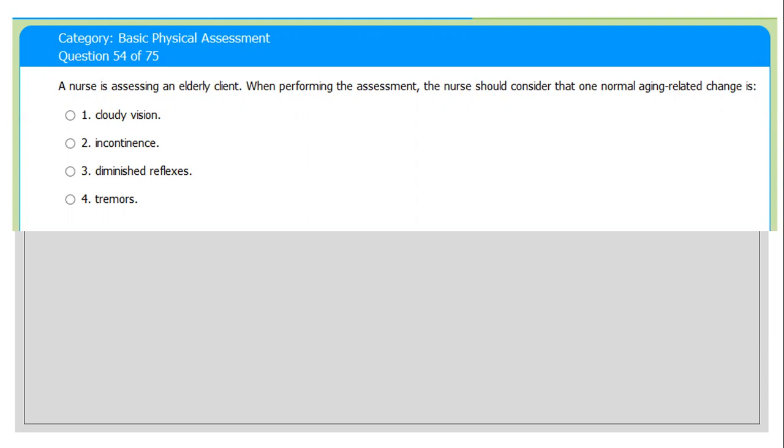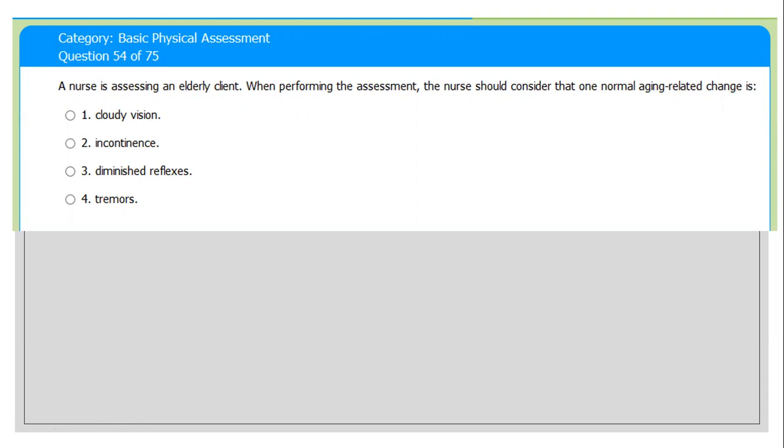So the aging process has a subtle effect, and people do not realize they are getting slower, typically until late in life. Cloudy vision, maybe you have it, but others do not. It is not general.